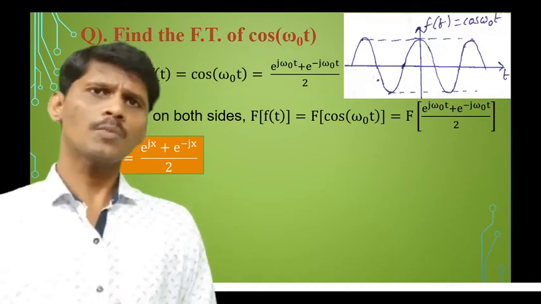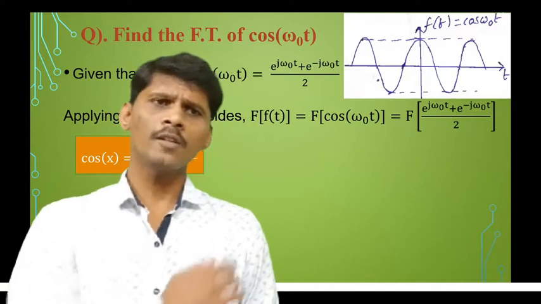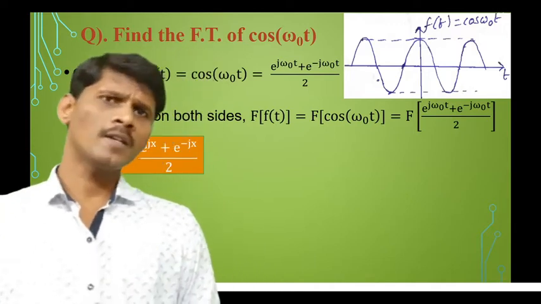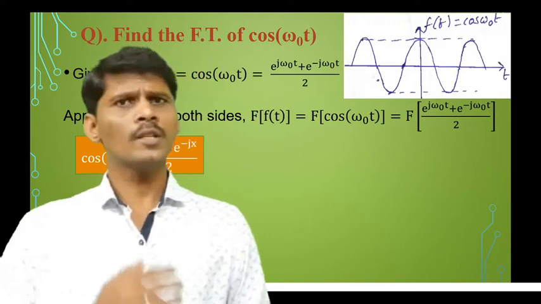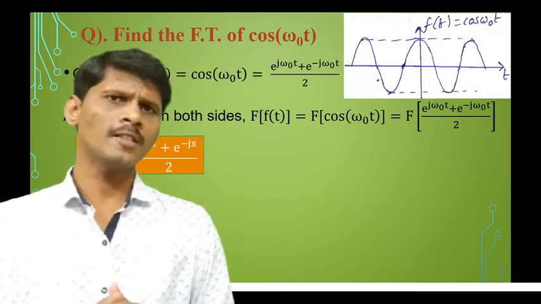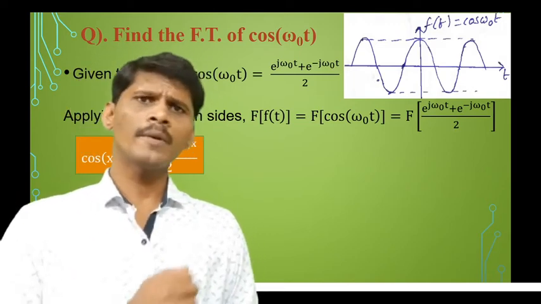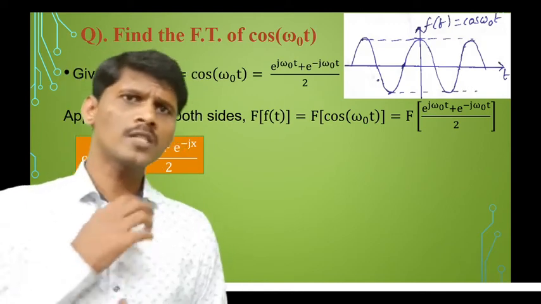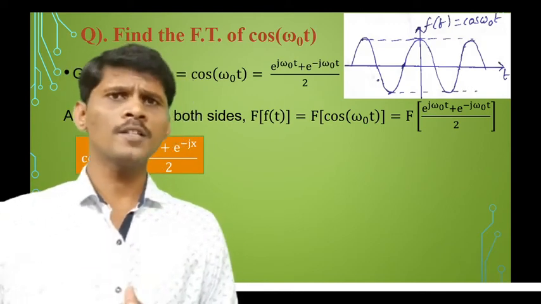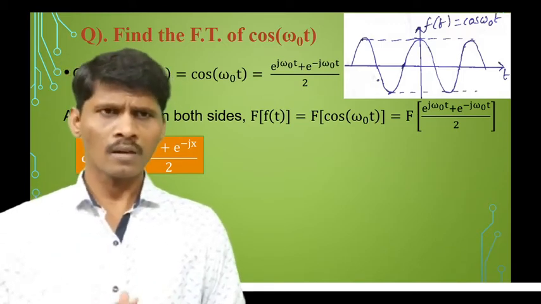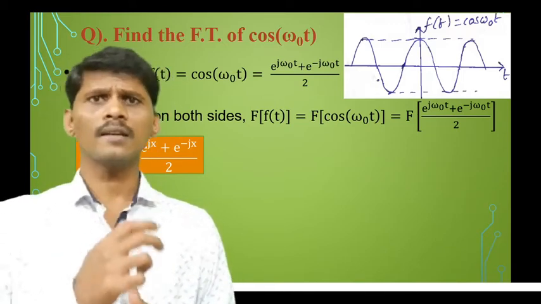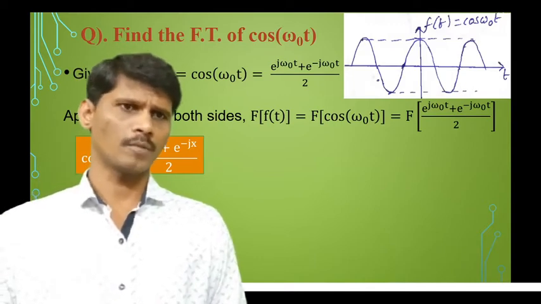The Fourier transform of e power j omega naught t is 2 pi del of omega minus omega naught, and the Fourier transform of e power minus j omega naught t is 2 pi del of omega plus omega naught.